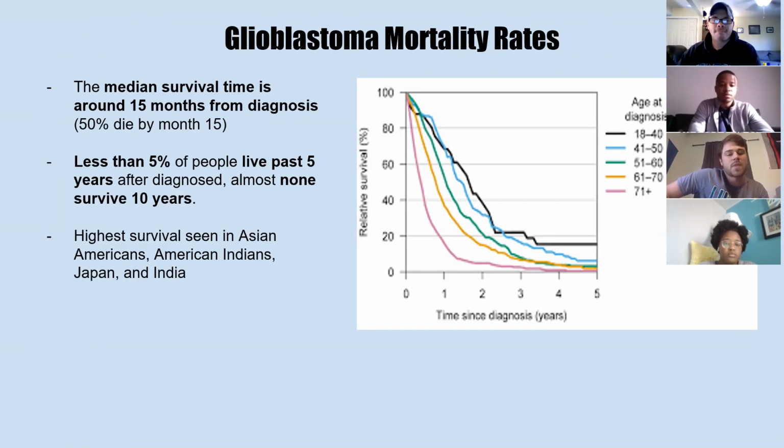But the survival rates reflect the incidence rates. So the Asian Americans, American Indians, and then Japan and India have the highest survival rates out of all of the differing groups.